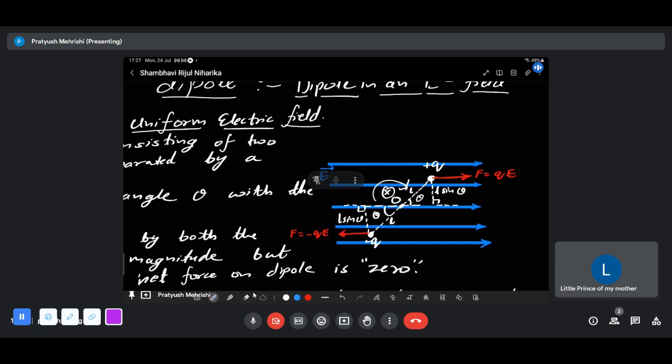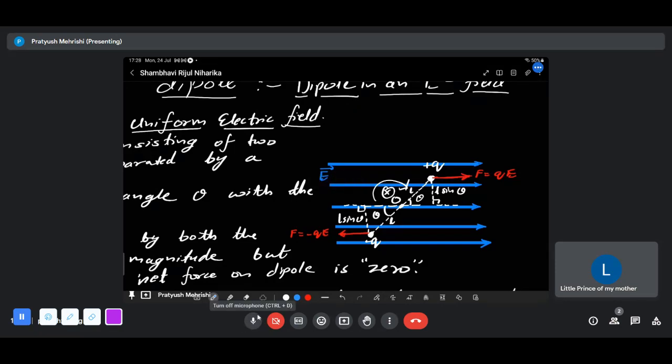So here the plus q charge is pulled one way and the minus q charge is pulled the other way, and both have a perpendicular distance from the center of the dipole. These two charges will start rotating, which means the dipole will start rotating about its center point O.